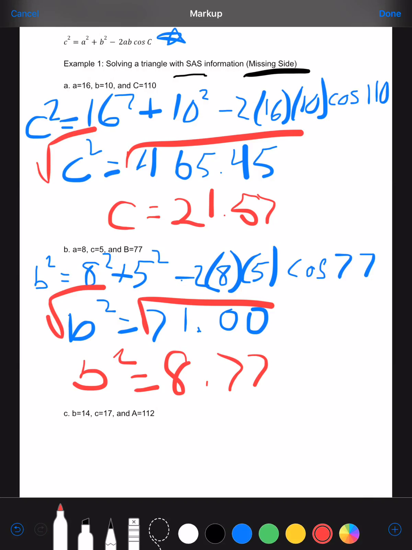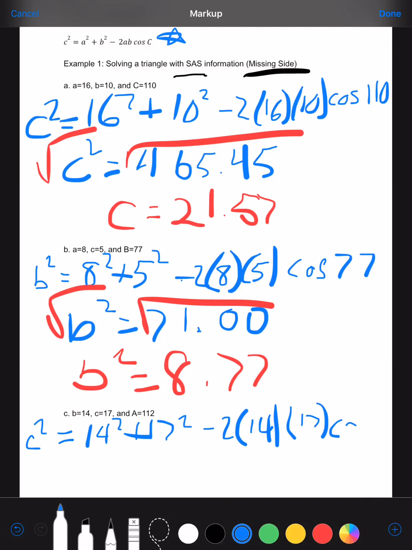And then our last one, we're going to do the same thing. Again, this time we're looking for c, so c squared is equal to 14 squared plus 17 squared minus 2 times 14 times 17 cosine 112.